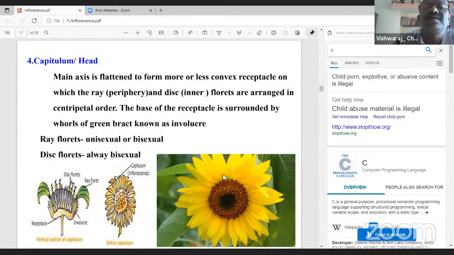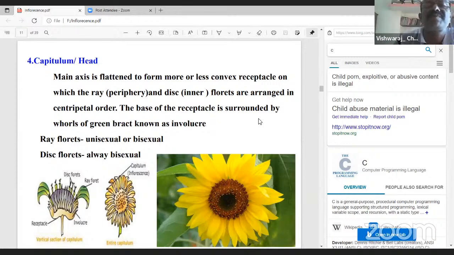These yellow ones are the ray florets, and the inner part has small indefinite flowers, the disc florets. Disc and ray florets are arranged in centripetal order.